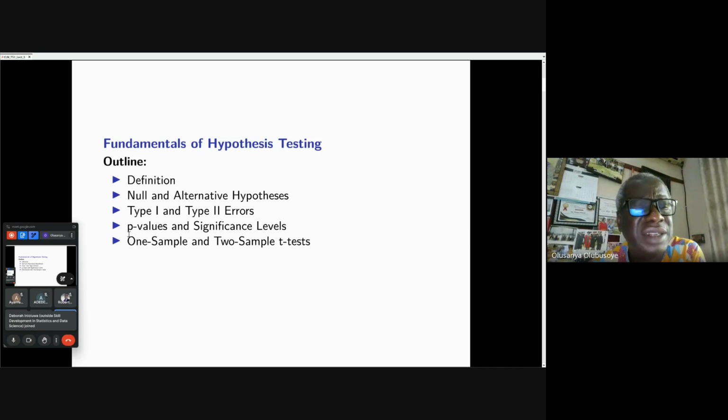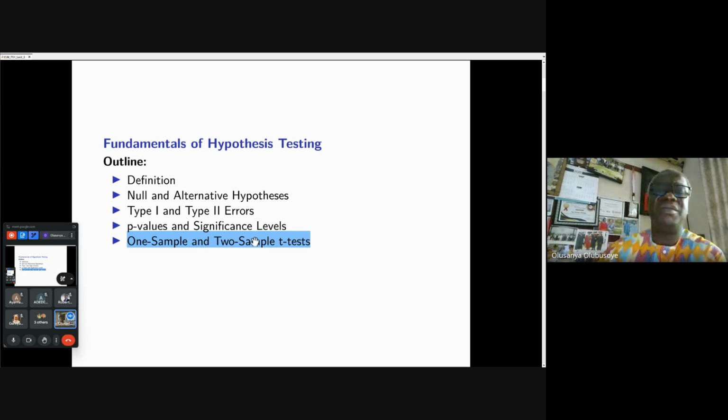And before we close the lecture, we will discuss one tool that is used actually, which is the t-test.